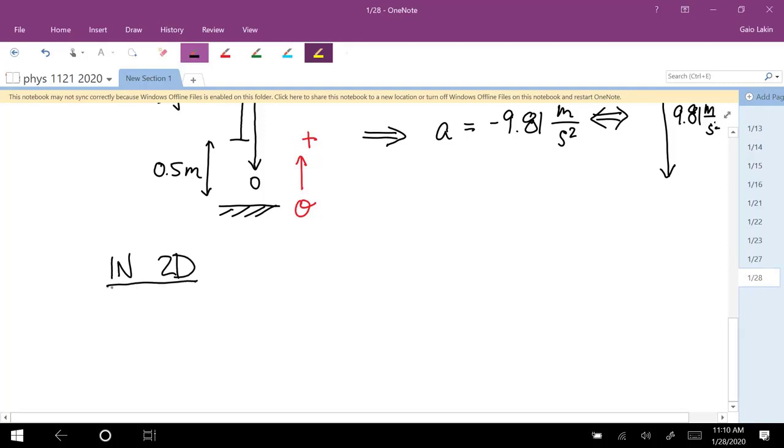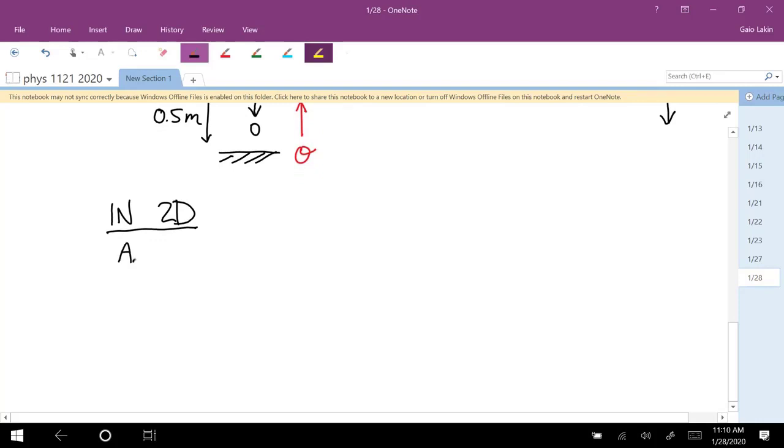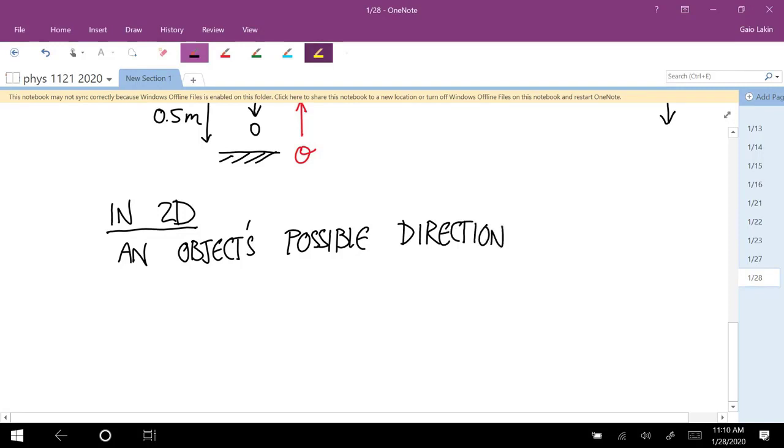Now in 2D, an object's possible direction has more than 2 choices.